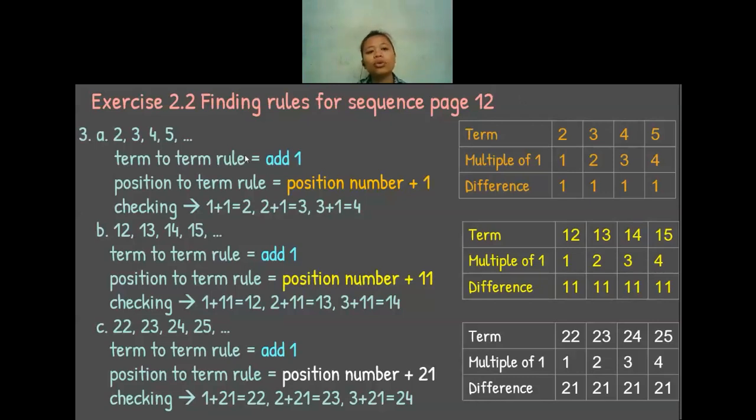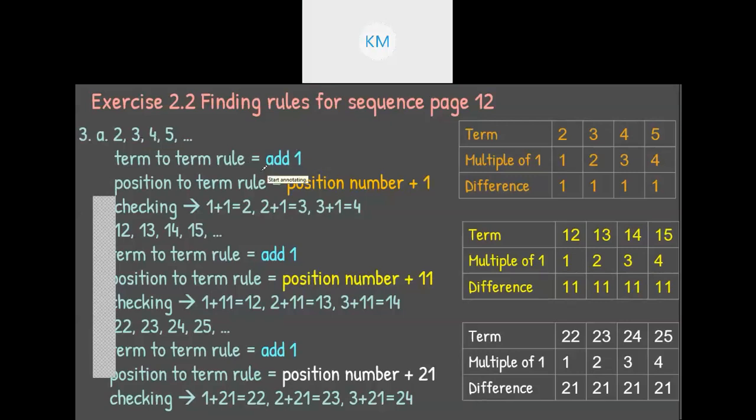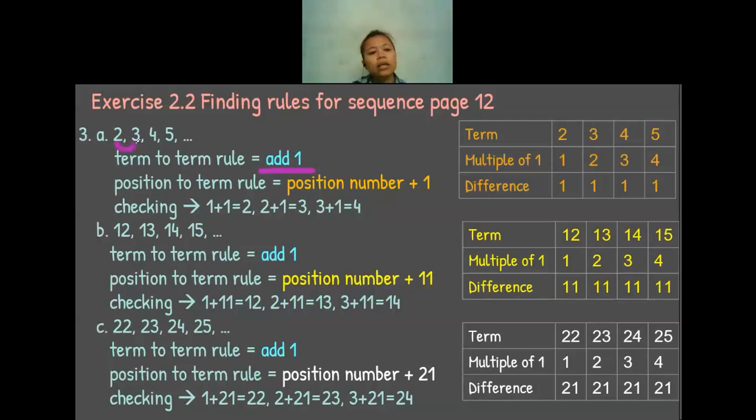From 2 to 3, 3 to 4, 4 to 5, all of them we add 1, because from 2 to 3 is plus 1, 3 to 4 is plus 1, and 4 to 5 we have to plus 1.